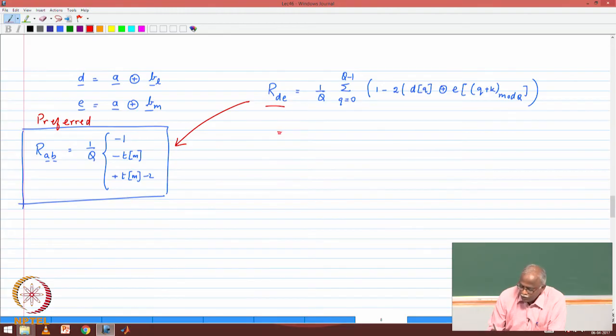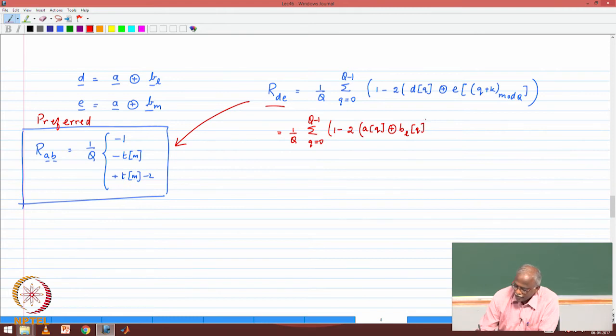So substitute for D and E. We get 1 over q, summation q equal to 0 through q minus 1, 1 minus 2 times d of q, which is a of q exclusive or with bl of q. That is d of q.